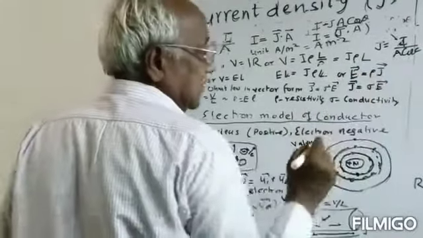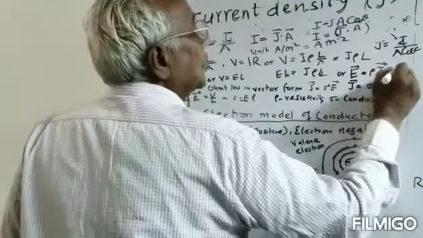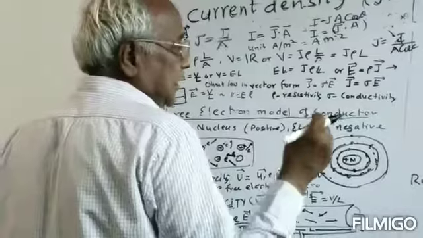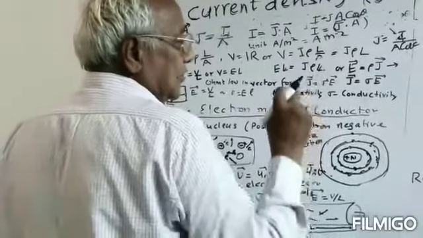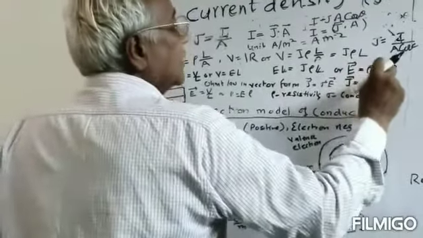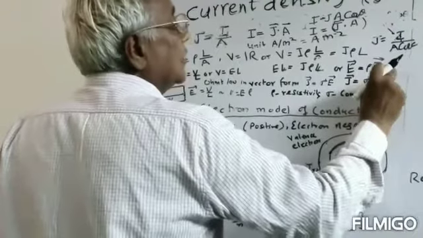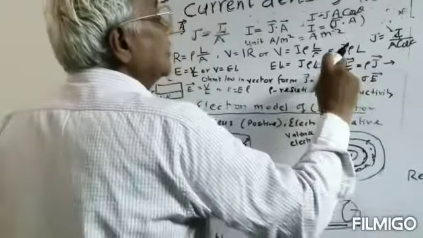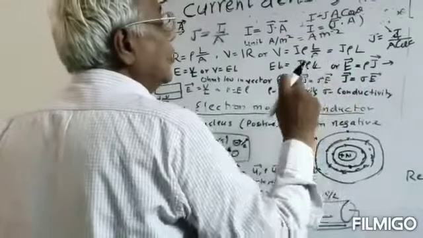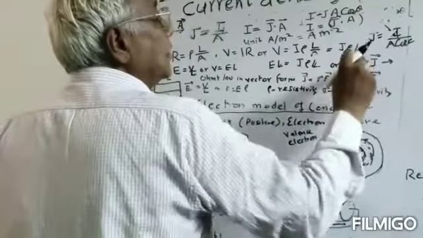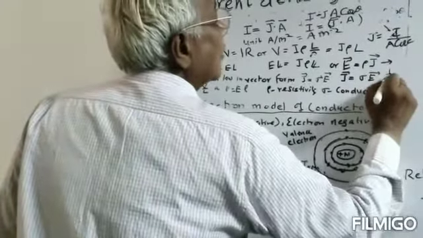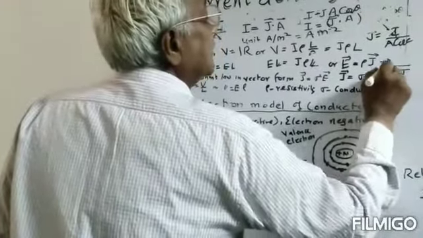This is one of the methods to write the vector representation of Ohm's law. Now we can write J is equal to E divided by rho. So 1 by rho is equal to the conductivity sigma.